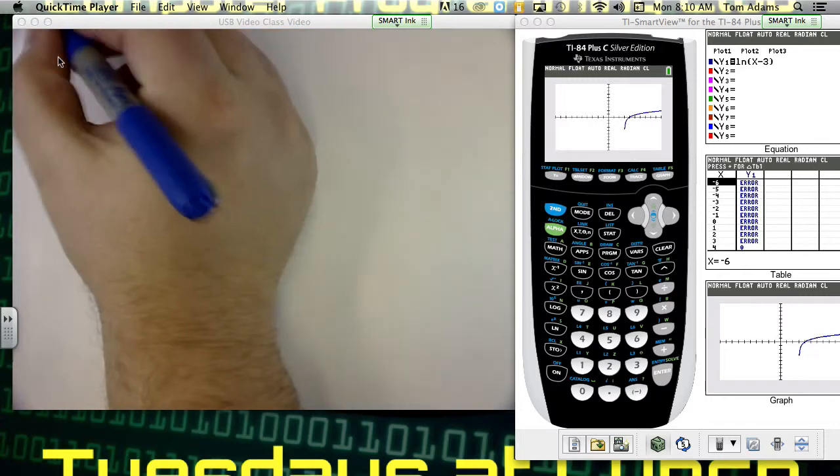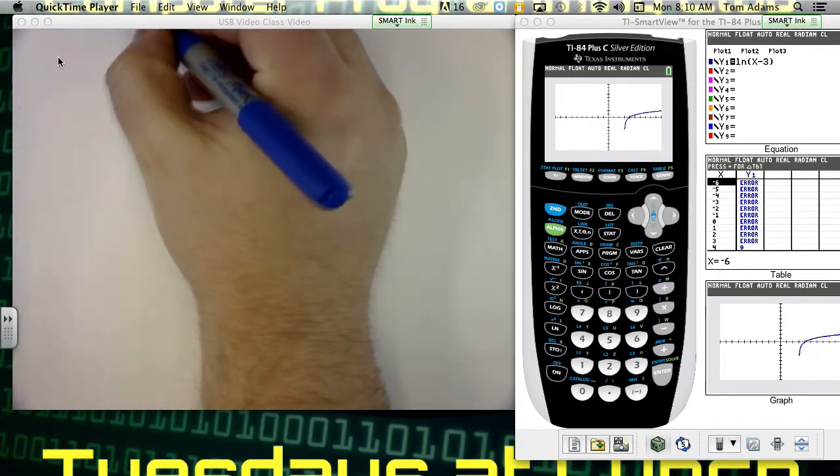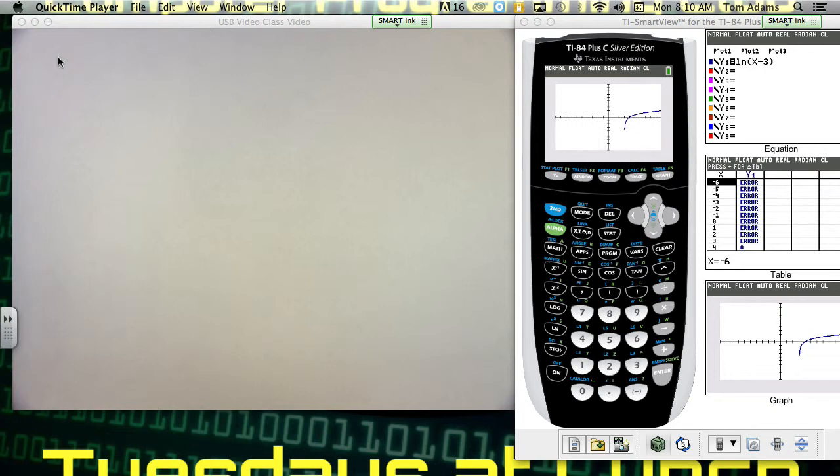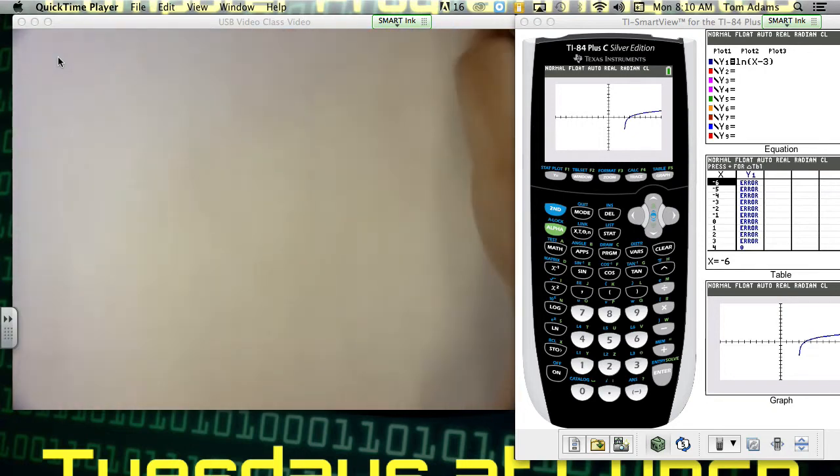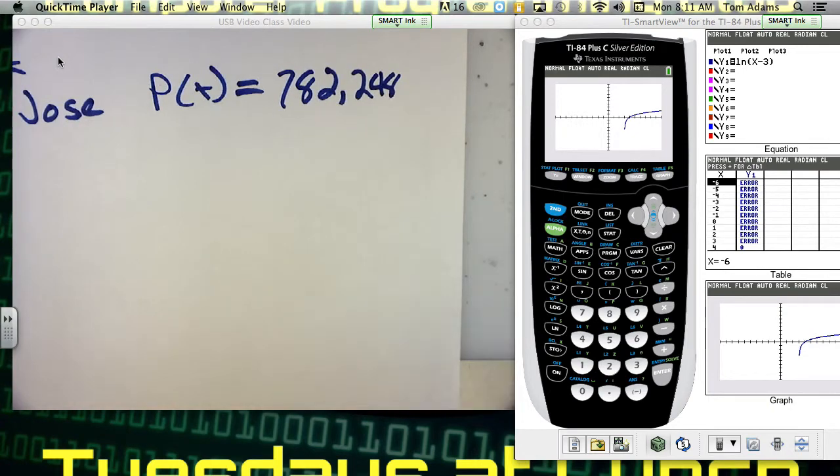So for the city of San Jose, we have that the population growth or decay starts off with 782,248. Let me get that on the screen so you could see it.